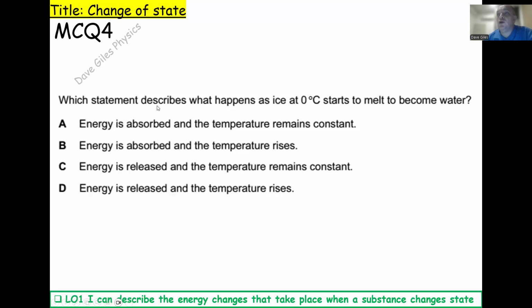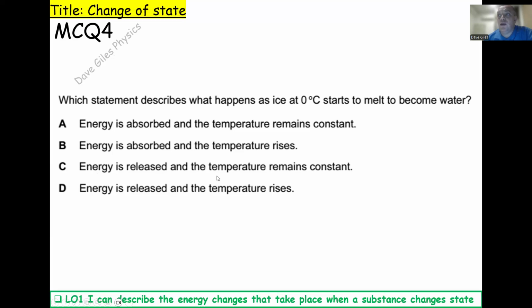Question 4. Which statement describes what happens as ice at 0 degrees Celsius starts to melt to become water? We start from the bottom. Energy is released and the temperature rises. Well, that's not true because during this point, the temperature is constant.